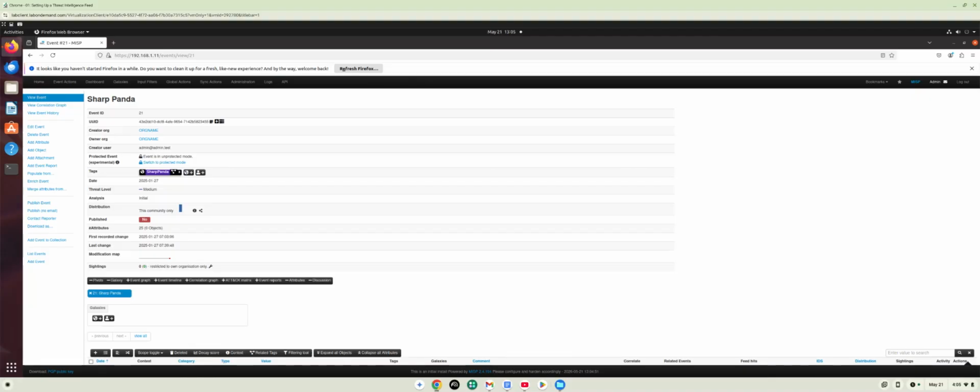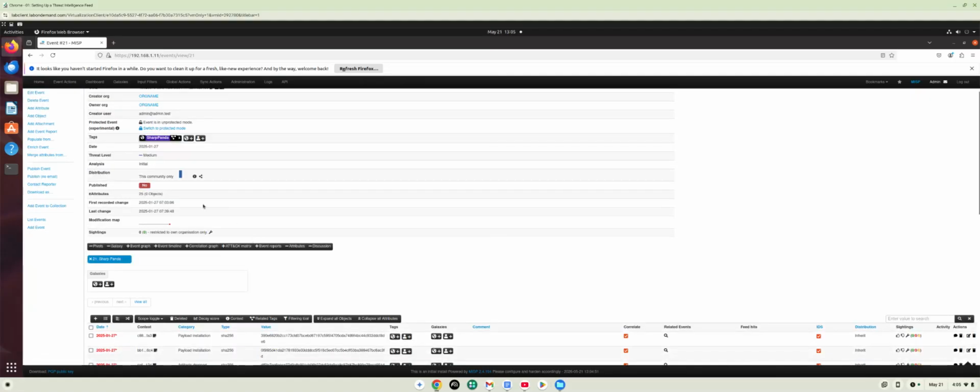In this instance, there are two things I want to point to, which are the threat level and the analysis level. The threat level indicates the perceived severity of the threat. This classification guides how urgently the event should be addressed, and it can range from high, medium, low, and undefined. We can see that in the instance of SharpPanda, this indicator of compromise has been flagged as medium.